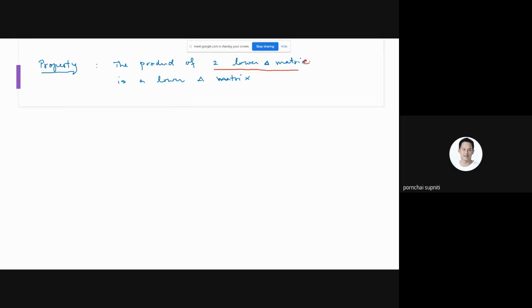Maybe I don't need to prove this part, but we can give an example.